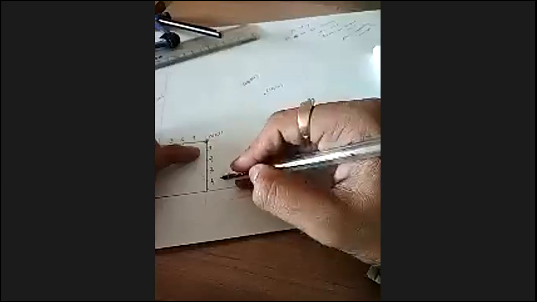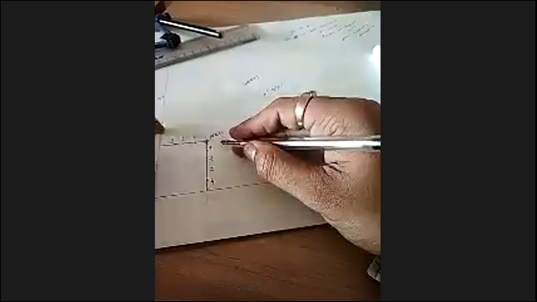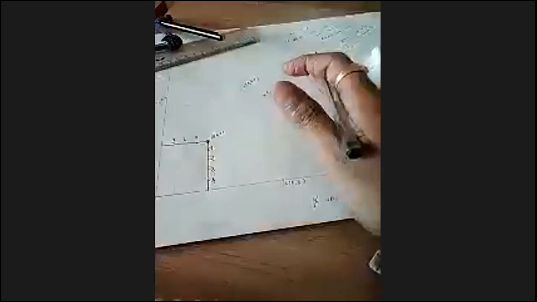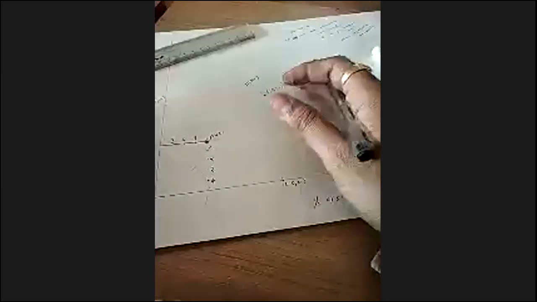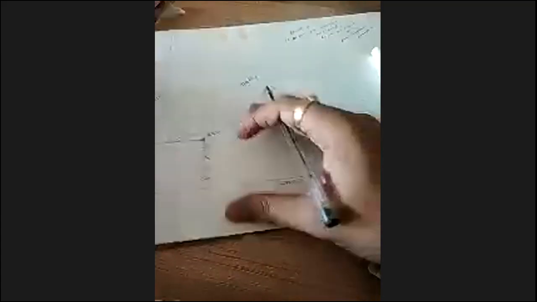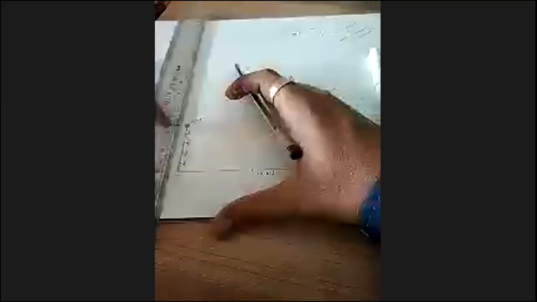You can go this way or that way, that is also fine. Ultimately, this naming must be there. It will help you, and you can give whatever name is convenient. So now I will extend this vertical line and this horizontal line using a long scale.